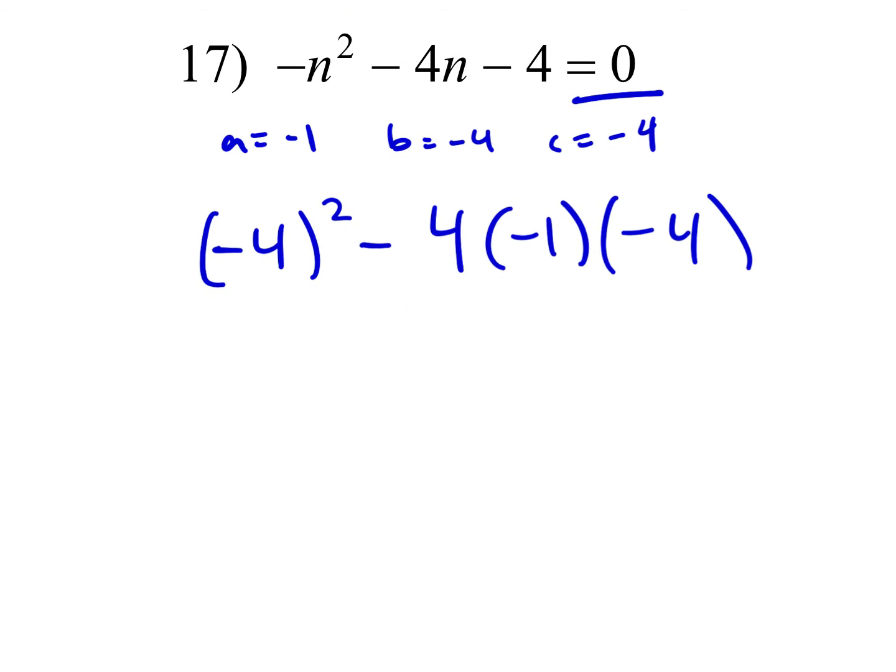So what is -4 squared? 16. What's -4 times -1? 4. And 4 times -4? -16. What's 16 minus 16? 0. So how many solutions do I have? 1 real solution.